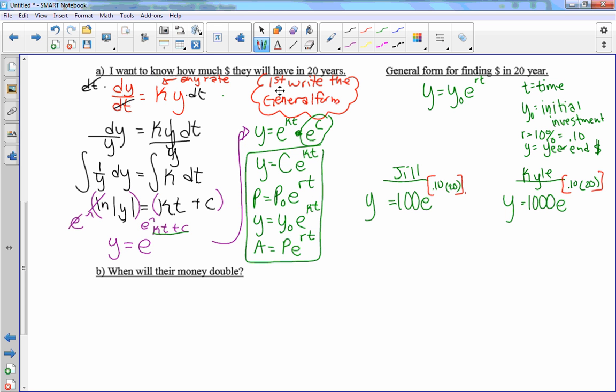Okay, so after 20 years, how much will Jill have? $0.91. So money, we're allowed to go to a penny. And make sure you put a dollar sign, because that's the unit. And approximately, because it's rounded. Okay. How much will Kyle have?